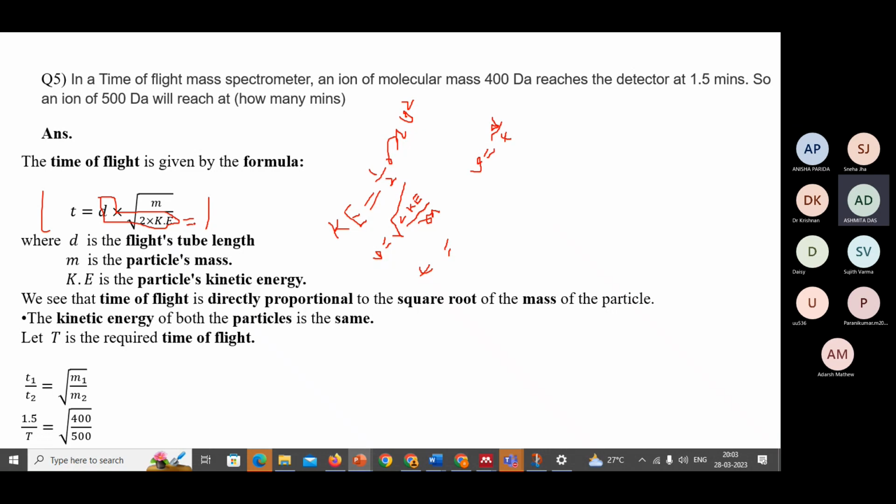So we can say T is directly proportional to the root of the mass of the particle. From there we can say T1 divided by T2 equals root over m1 by m2. So now if we put in all the values, 1.5 divided by T equals root over 400 by 500. Then we will get the correct answer.